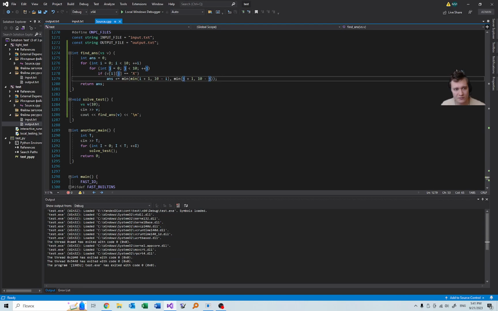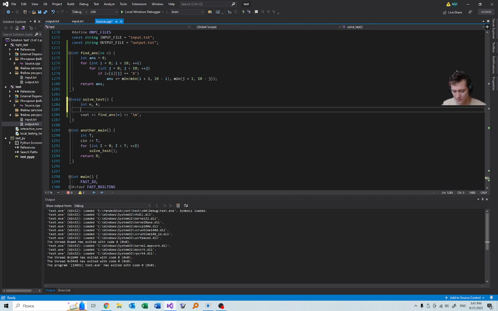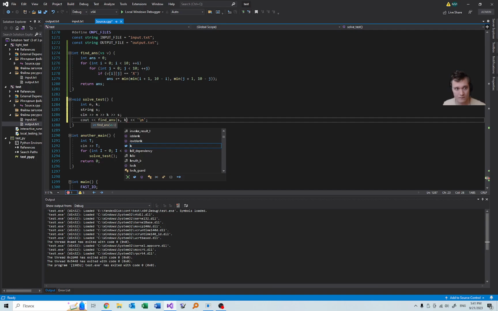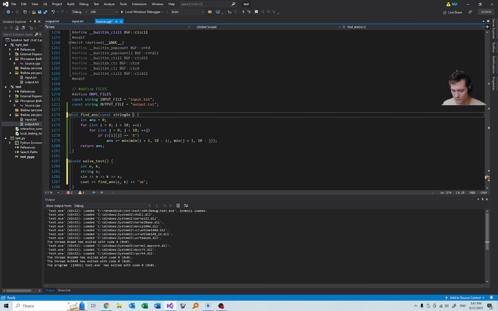This is an easier, greedier problem. So here we have a string. What do we do here?